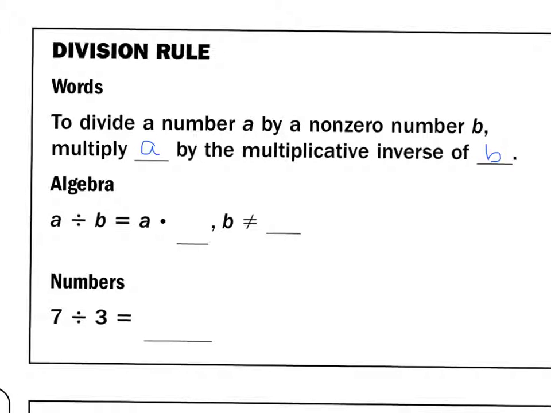So a divided by b is the same thing as a times 1 over b. And b cannot equal 0. So 7 divided by 3 is the same thing as 7 times 1 over 3.